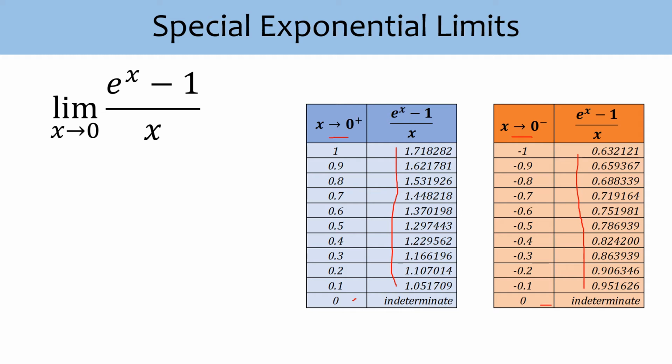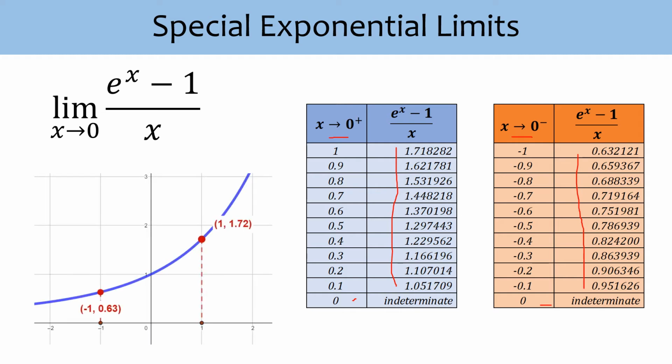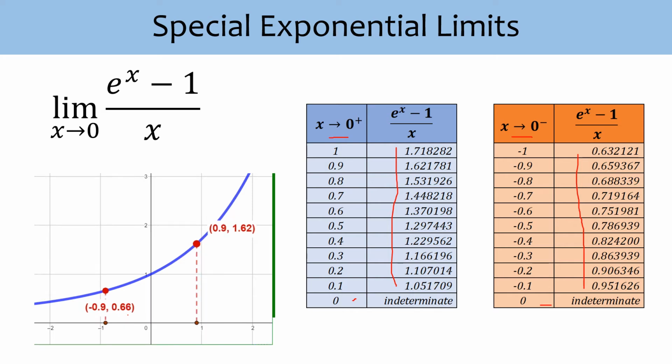Now to again visualize that, let's have this here. The points that you see here, x and y, correspond to the x and y in the table on the right, and you would see that the left-hand limit and the right-hand limit would actually converge to a specific y value.